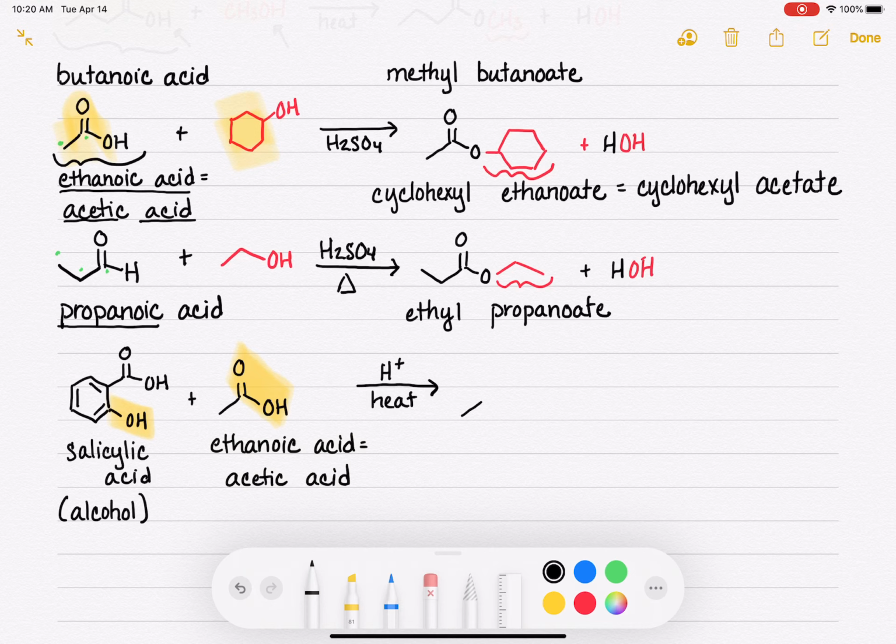So this is tricky. What we're going to do, we're going to approach it the same way that we always would. We're going to draw the carboxylic acid group first, everything but the oxygen. And remember that we are using ethanoic acid as our carboxylic acid in this. And then we are going to go to salicylic acid and we are going to attach the R group, the carbon chain, which is what I just circled in red.